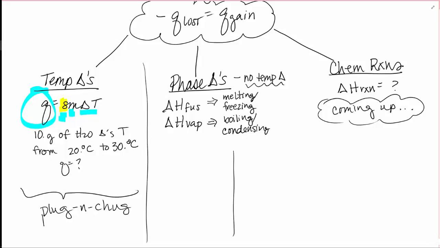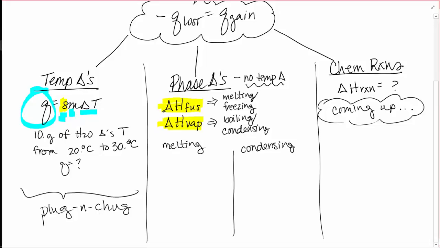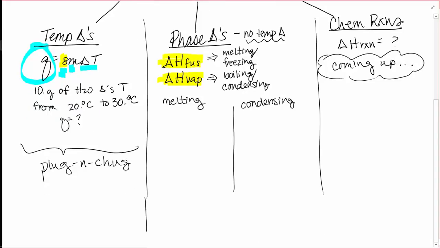The heat of fusion and the heat of vaporization are actual numbers that we would look up, so you don't have to memorize them. In one problem, I'm going to deal with the phase change of melting, and in the other one, the phase change of condensing, just to make the point of how we incorporate this.